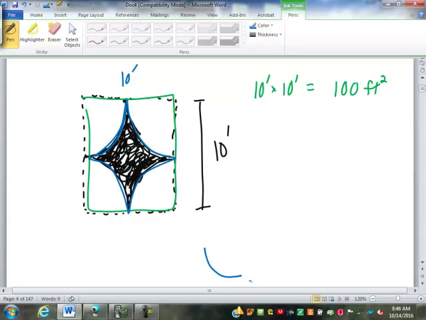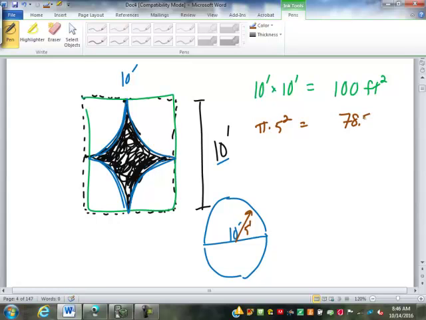I pull this one out, looks like that. This one, looks like that. This one, looks like that. Of course, the diameter of that is 10 feet. So it has a radius of 5 feet. So that is a single circle with an area of pi times 5 squared, which is 78.5.